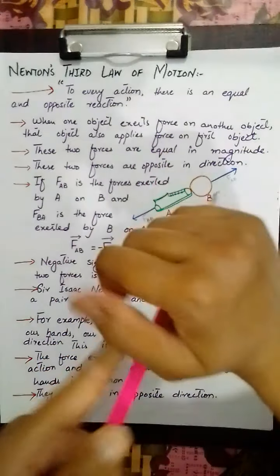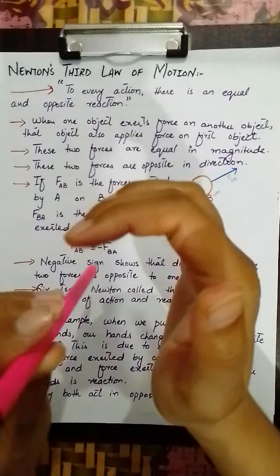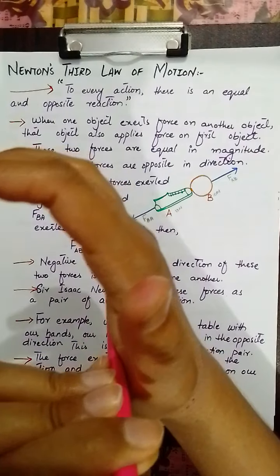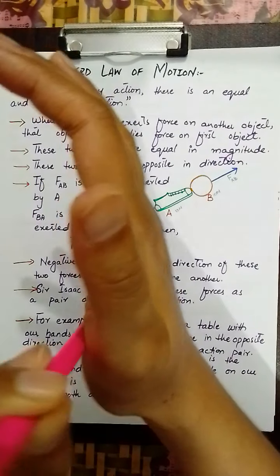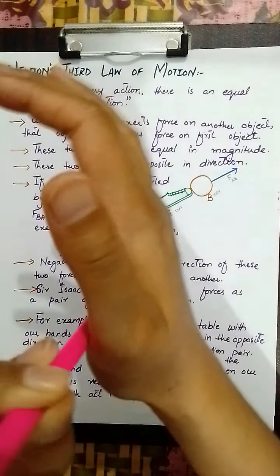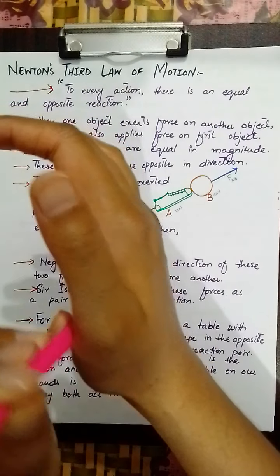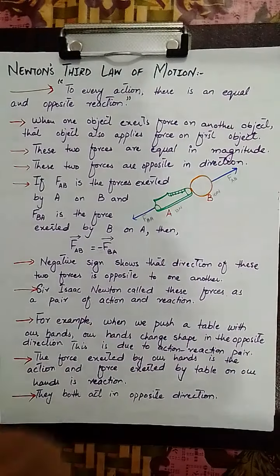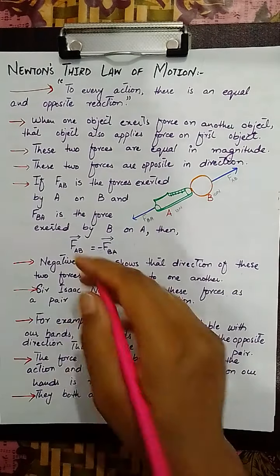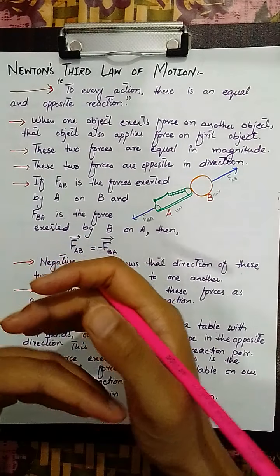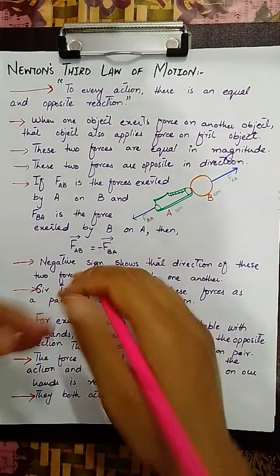Whenever I push that edge with my hand, my hand would start to deshape like this. Why does this happen? This is because of the force that this edge is applying on my palm. So whenever you push one object, that object would also try to push you with the same force.